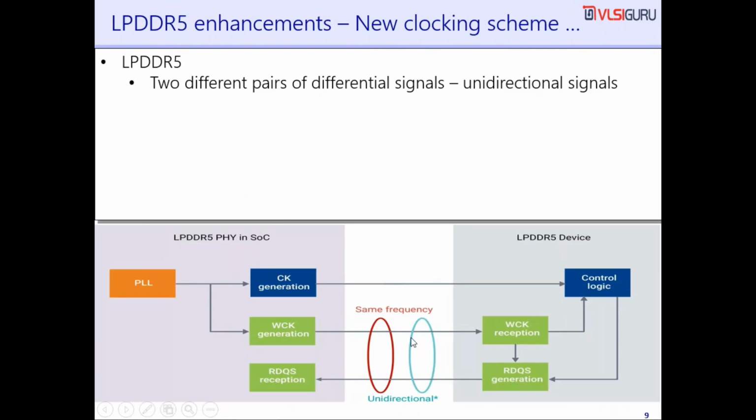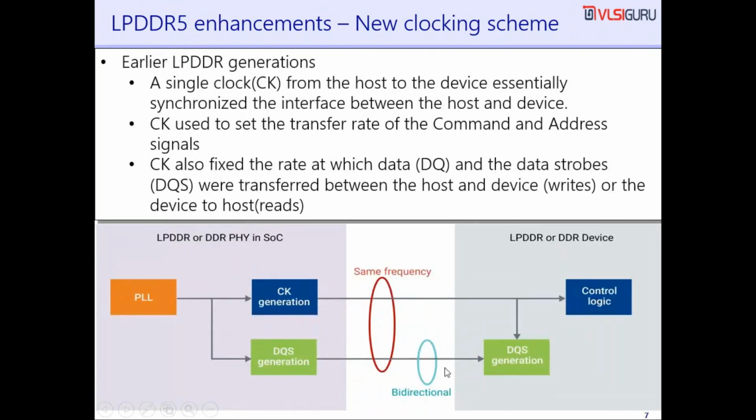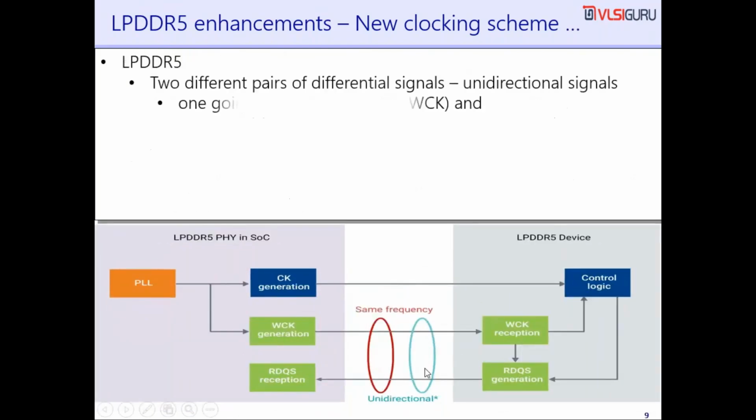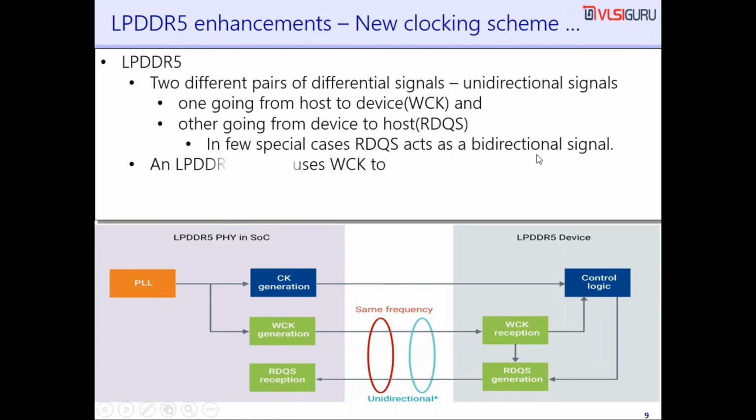These are differential signals, but they are unidirectional, whereas earlier the DQS used to be bidirectional. If you go back to the previous slide, you can see DQS used to be bidirectional. One goes from host to device, that is WCK, and the other goes from device to host, that is RDQS. In a few special cases, RDQS acts as a bidirectional signal.